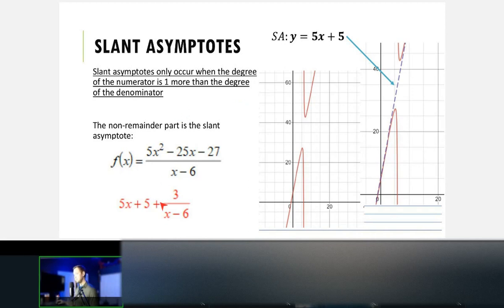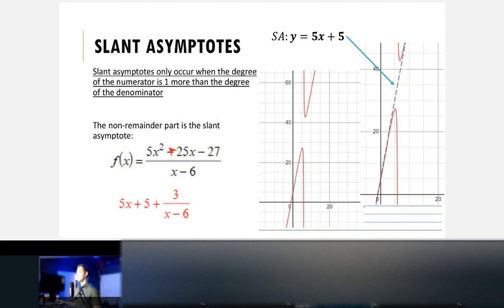It only happens when the degree in the numerator is one higher than the degree in the denominator. This is a 1, an invisible 1. This is a 2. 2 is definitely one higher than 1. Because of that, we know this has an SA.